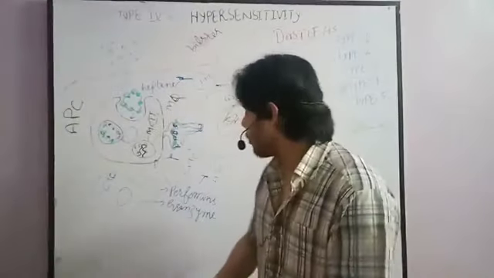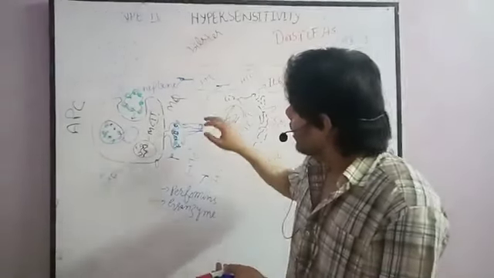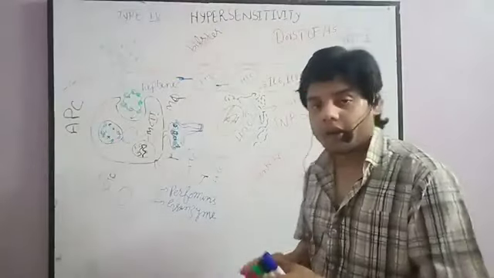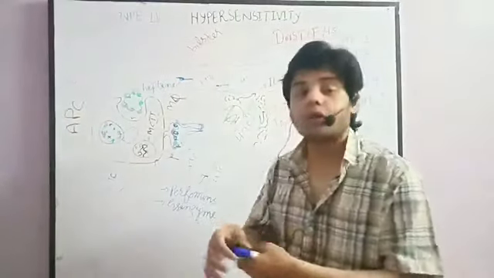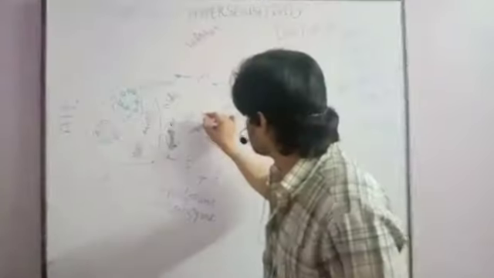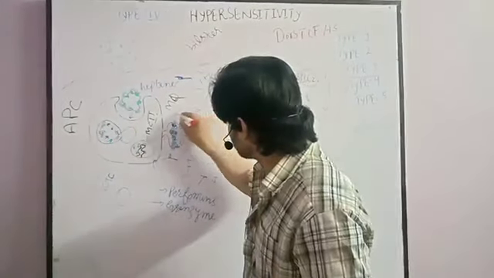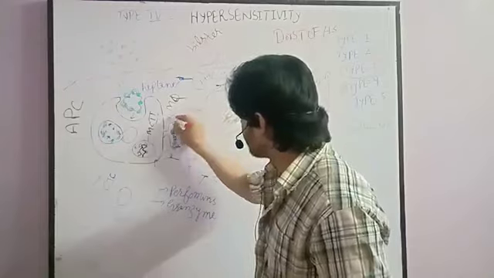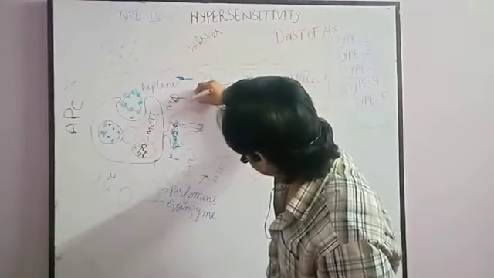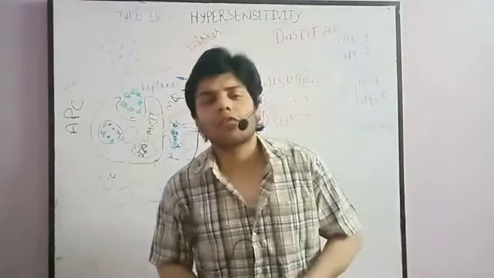Okay, one thing that I forgot to mention: this helper T cell 1 has another receptor which we call CD8. Let me draw it with the red marker. They have another receptor, as I am drawing. This is CD8. What does CD8 stand for?